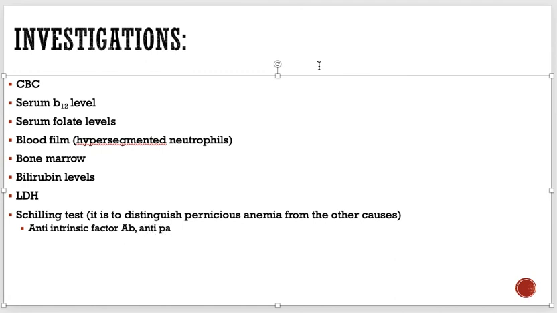So when they have these, they are going to destroy either the intrinsic factor or the parietal cells, and this will lead to lack of intrinsic factor.